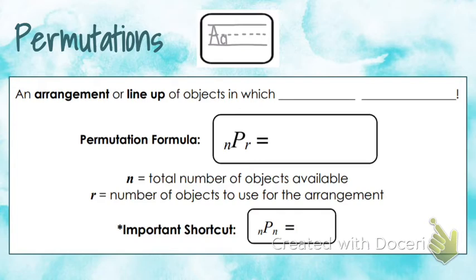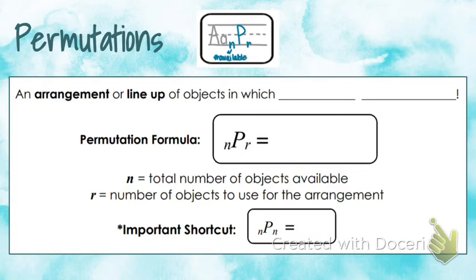Okay, so a permutation is written as N, which is a subscript. That means it goes below the normal line. And then big P, and then a subscript R. This is a permutation. And N is going to be the number available, which we're going to talk about in just a second.